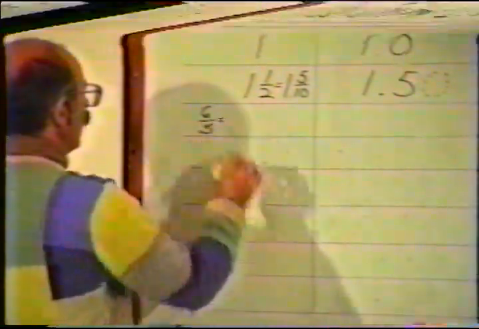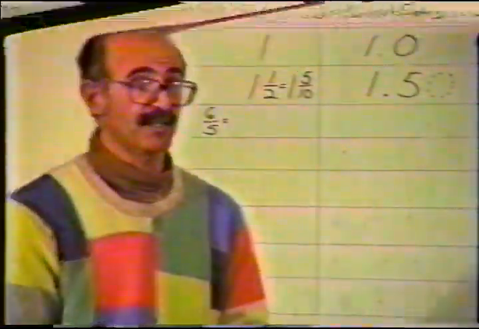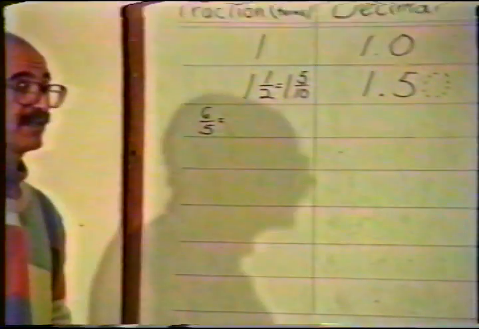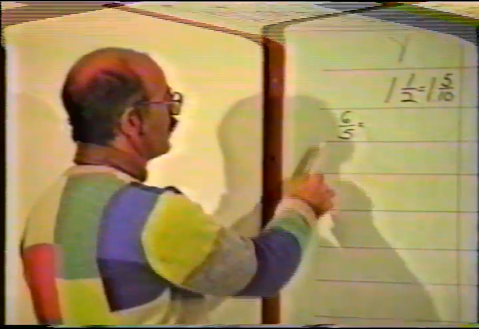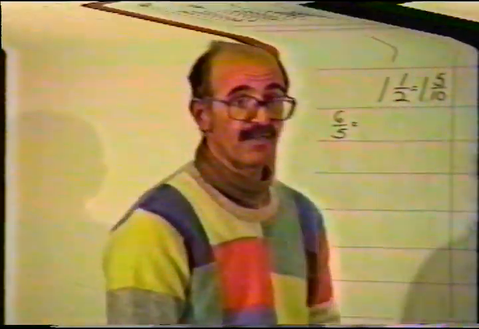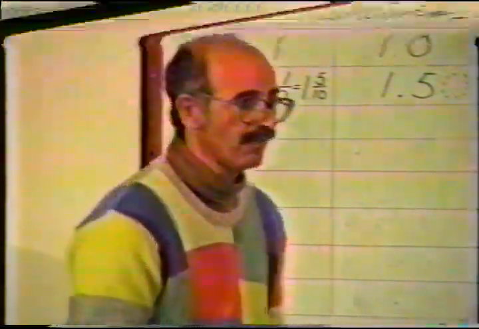6/5. What can you tell me about that fraction, 6/5? It's improper. It's an improper fraction because the top number is bigger than the bottom number. It also shows us that it's talking about more than 1 whole thing.